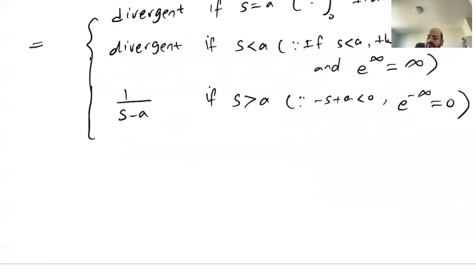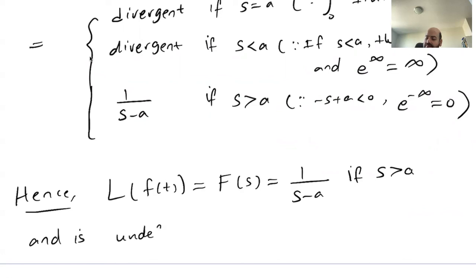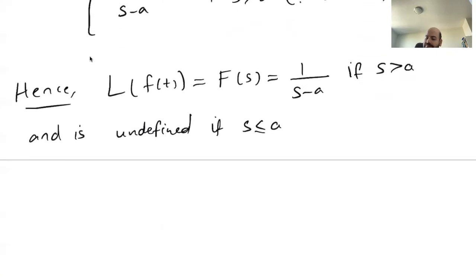So that means the Laplace transform of f of t, which can also be denoted with capital F of s, is equal to 1 over s minus a if s is bigger than a, and is undefined if s is less than or equal to a.